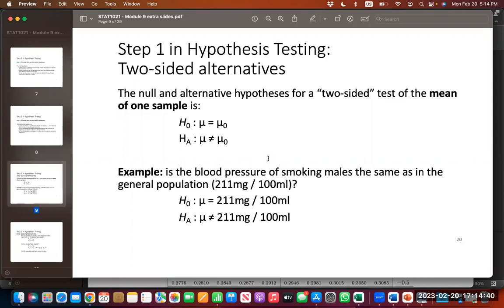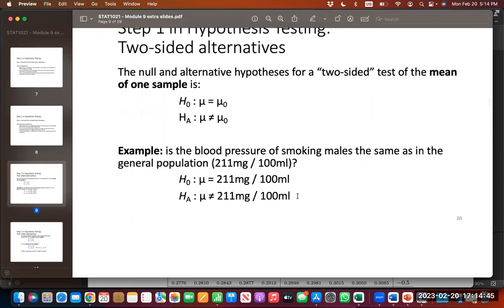Okay, good. So we are now comparing the sample that we have drawn, which is a sample of smoking male US citizens, and we're comparing this to the cholesterol of the US population. I don't know who is familiar with cholesterol values.